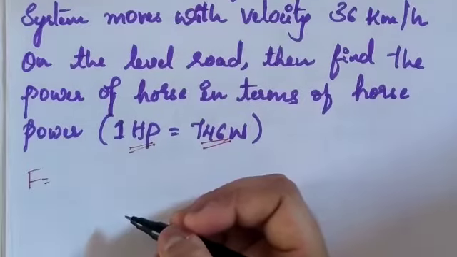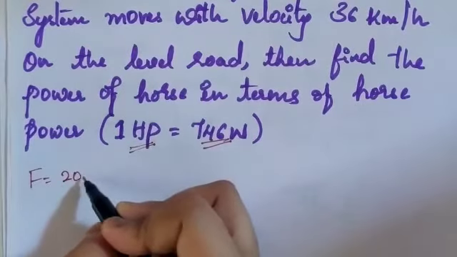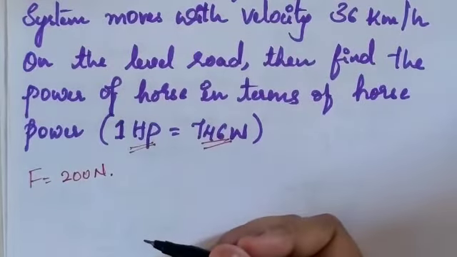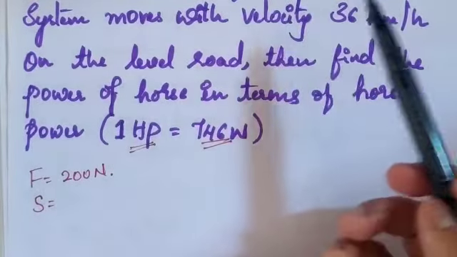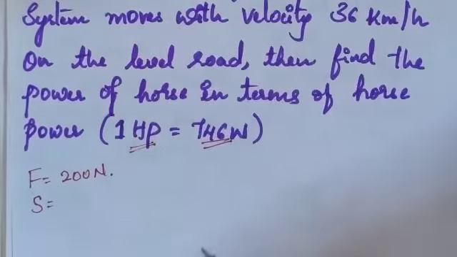Now here, the force is 200 Newton, and for the displacement, they are saying the horse cart system moves with a velocity of 36 km per hour. Initially the cart was at rest, and when the horse exerts a force of 200 Newton, the cart starts moving.